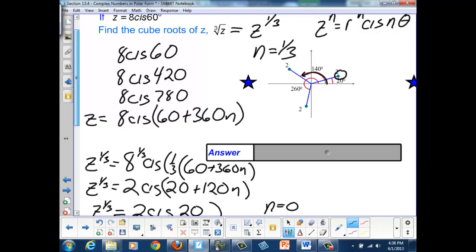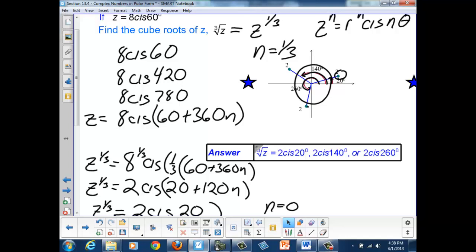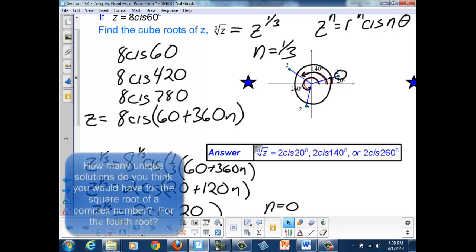And finally, my third was 2 units away at 260 degrees. And remember, the next one I found was 380 degrees, which just brings me back to the 20 degree solution. So I have 3 unique solutions for cube roots: 2 cis 20, 2 cis 140, or 2 cis 260. Remember that when you take roots of your complex numbers, you're going to have more than one solution.